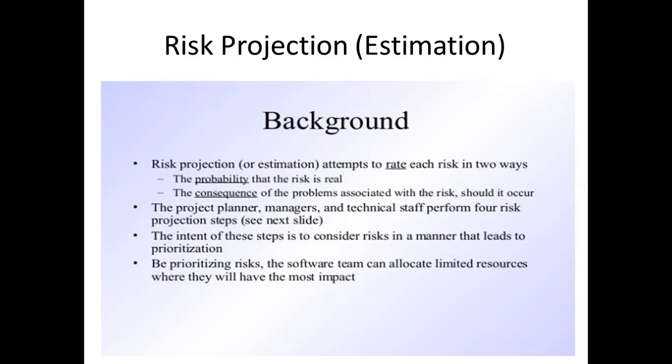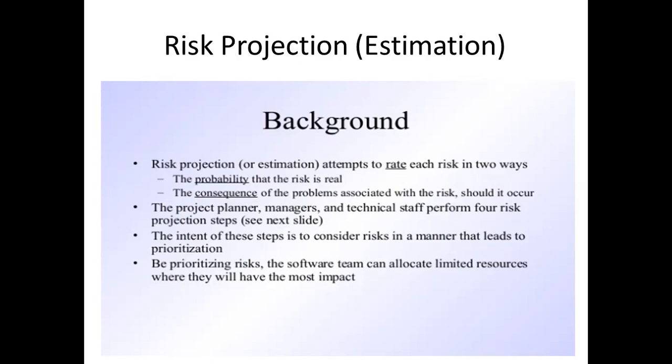The intent of these steps is to consider the risk in a manner that leads to prioritization. So what else can we say? There is an intention whenever we consider the few steps, and how we are going to prioritize those steps used for the risk, so the software team can allocate limited resources.